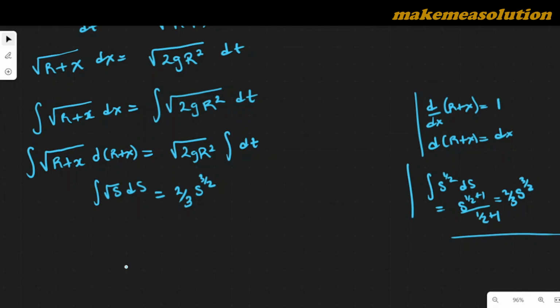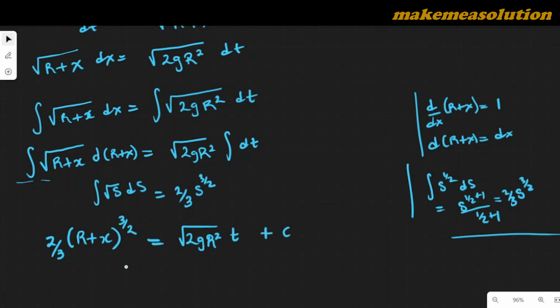When we integrate root r plus x d x, just like when we are integrating root s ds, what we are going to get is 2 over 3 times r plus x raised to the power of 3 over 2. Okay, so this is for the left hand side, and it equals root 2gr squared. Then when you integrate dt, you're going to get t, then plus c.